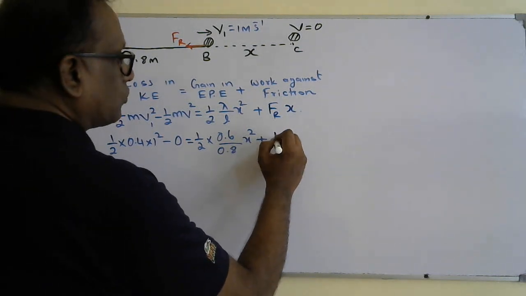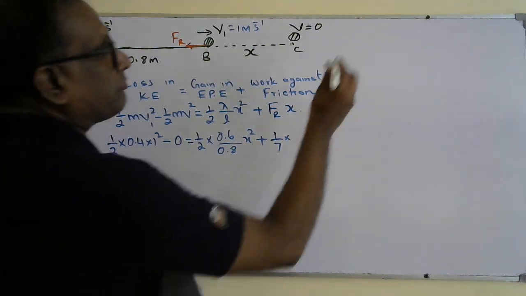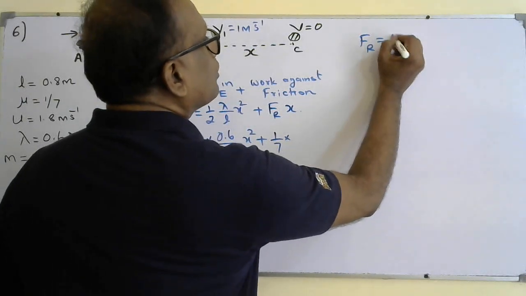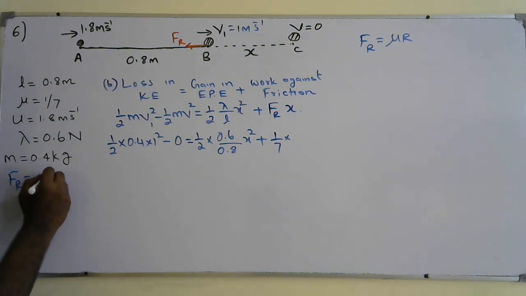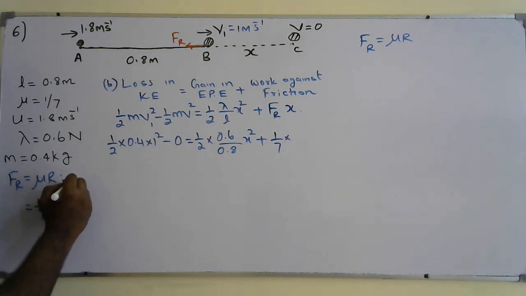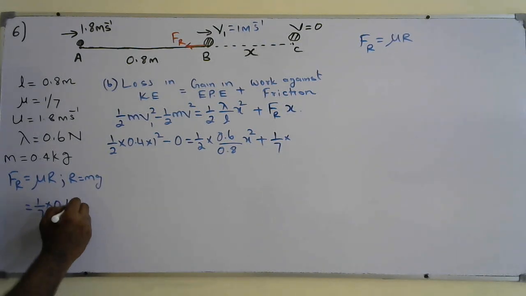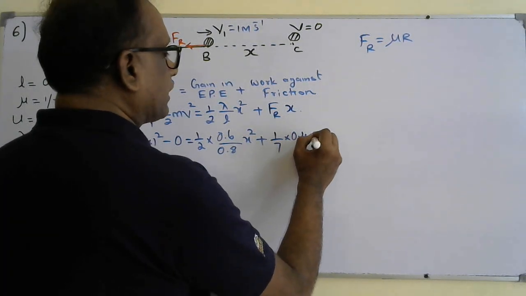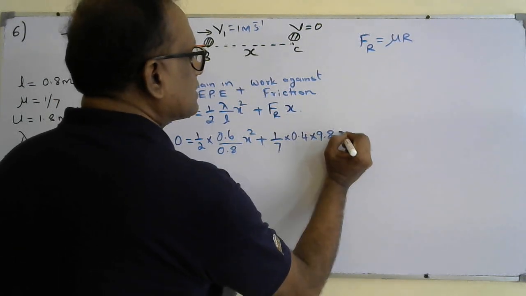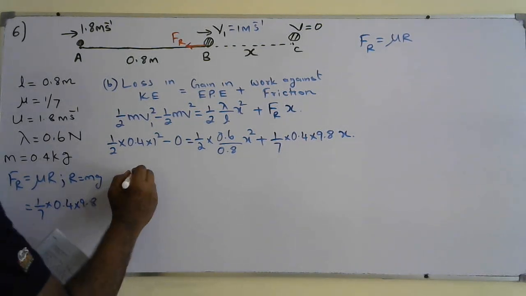R, the normal reaction, is equal to mg, that is 0.4 into 9.8. So 1 over 7 into 0.4 into 9.8 x. Solve it and you will get 0.375 x squared.